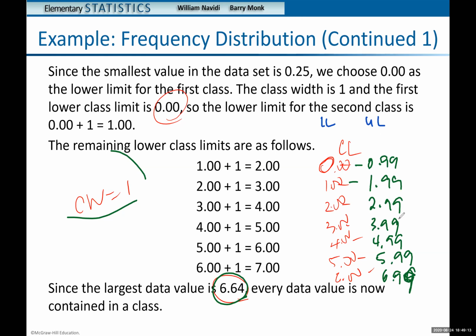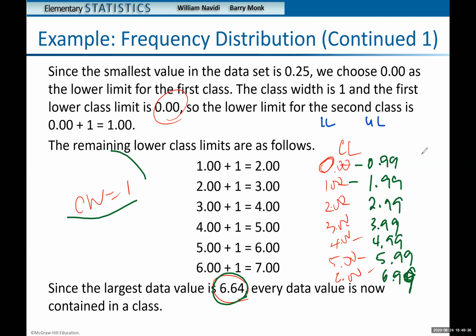Okay. So let's say what is the lower limit of the 3rd class? 2. So 1st, 2nd, 3rd class, the lower limit. The left side is lower, the right side numbers are the upper limits. Okay, very good.